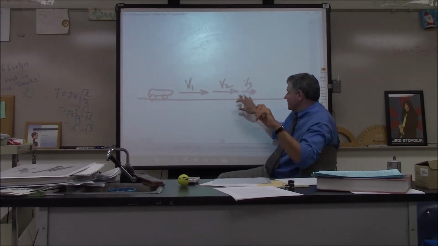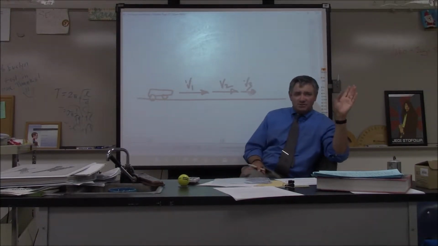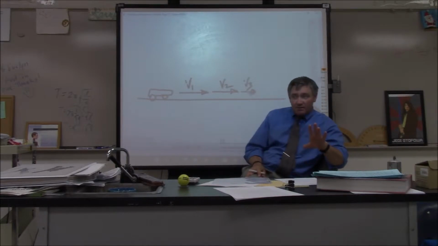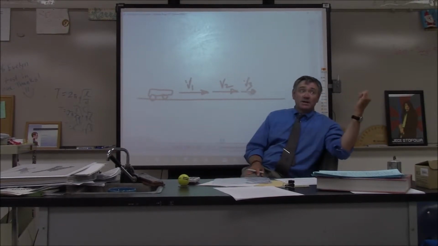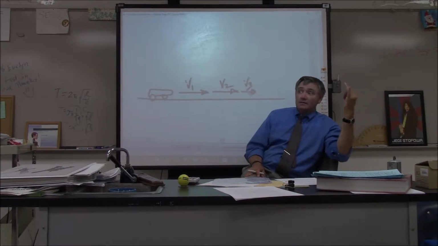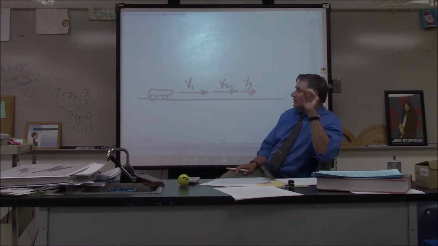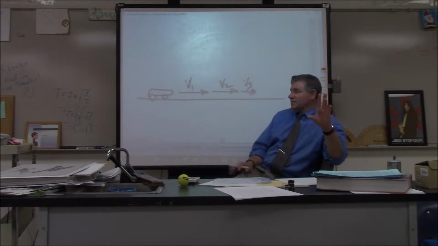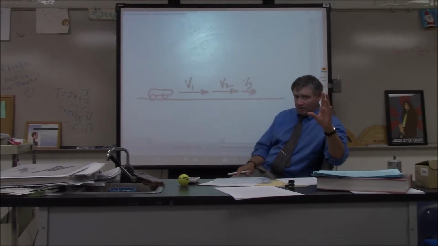So these velocity vectors are getting smaller. So here's the question. Is it accelerating? Yes. Now, your acceleration vectors are also a vector quantity, so it has direction and magnitude. Which direction do you think the acceleration vectors are pointing?